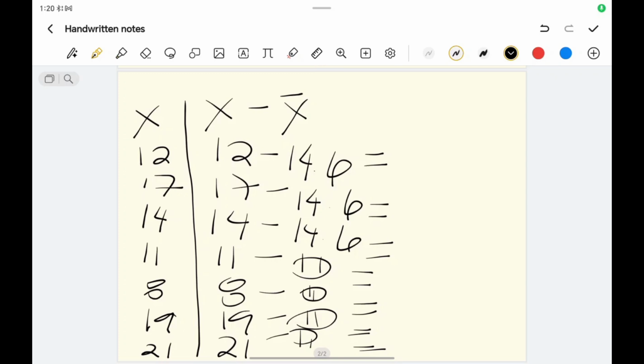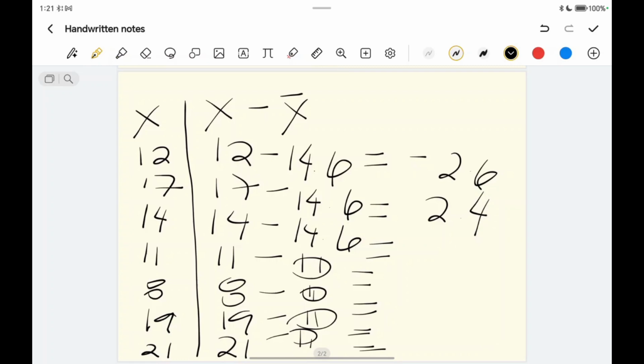Okay, so we're going to subtract them now. 12 minus 14.6 is negative 2.6. 17 minus 14.6 is 2.4.